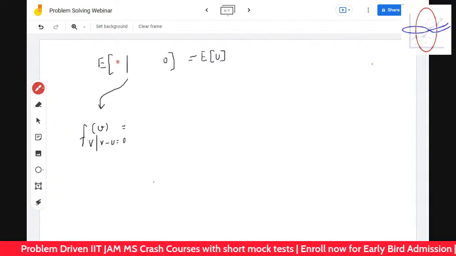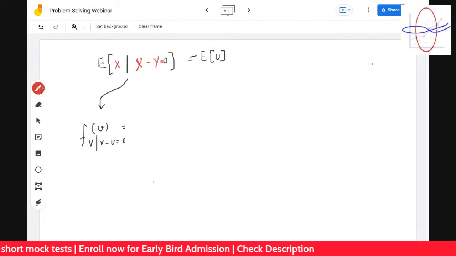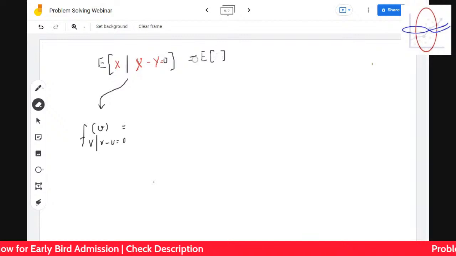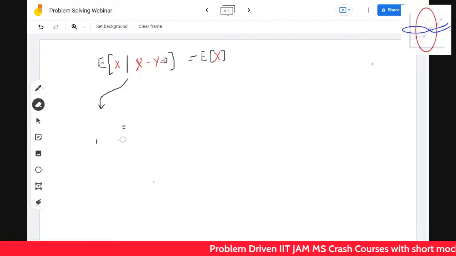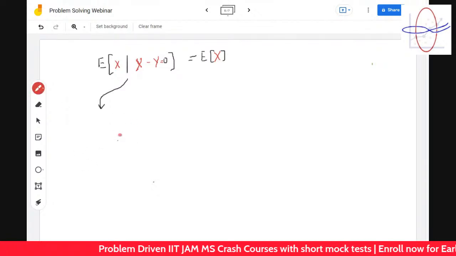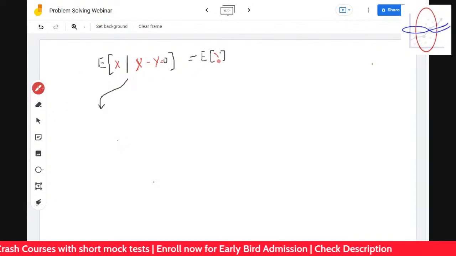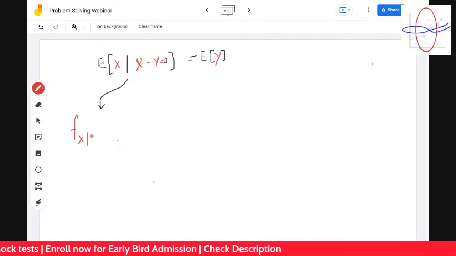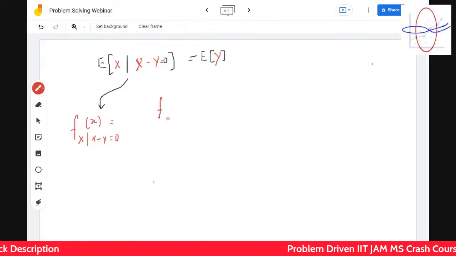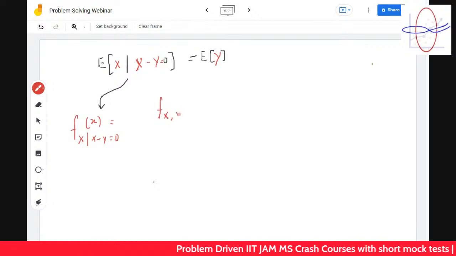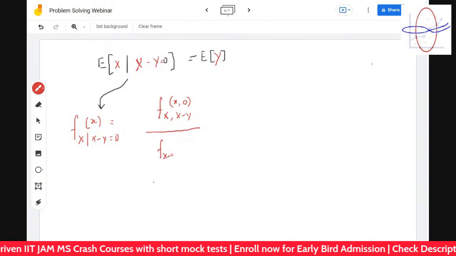So let's call it x and y. So expectation of x, sorry, x given x minus y is equal to 0, of small x, is turning out to be f of x comma x minus y of x comma 0 by f of x minus y of 0.